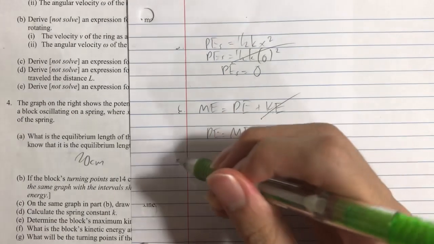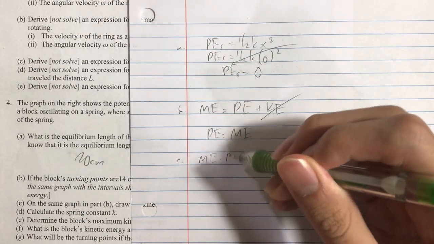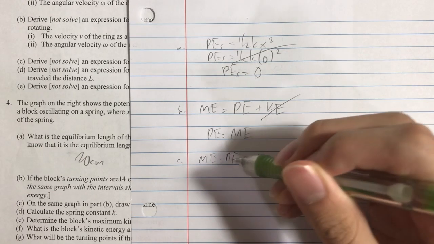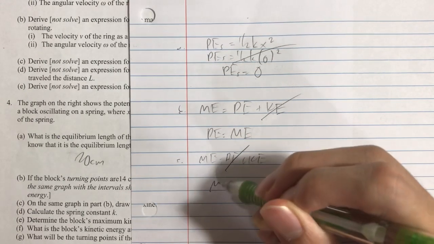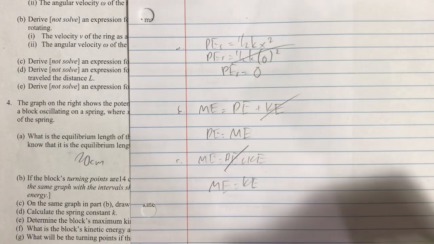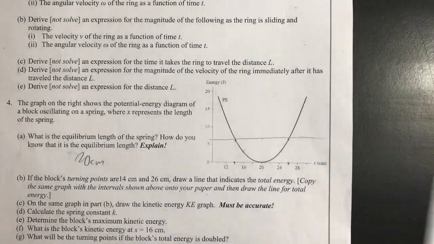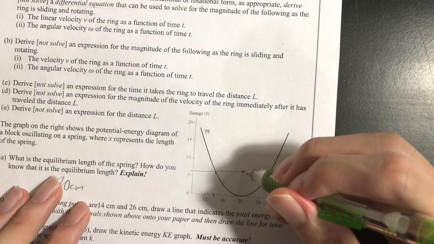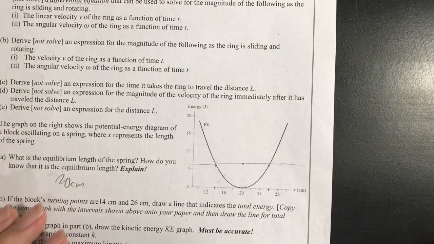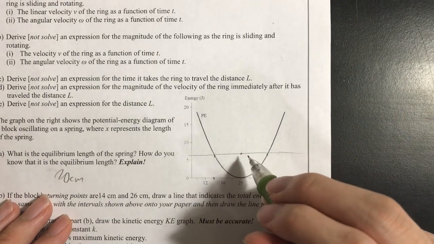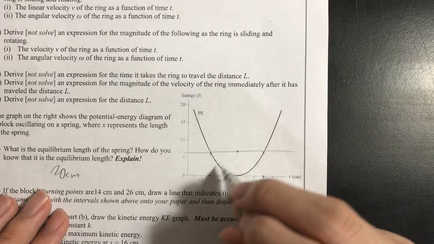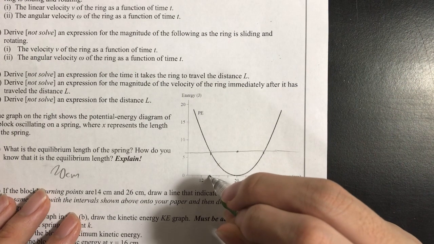Same thing as before, ME equals PE plus KE. This time, if potential energy equals 0, ME equals KE. So kinetic energy is up here at 20 centimeters, matching the ME. So we just have to draw a line that connects all 3 points.